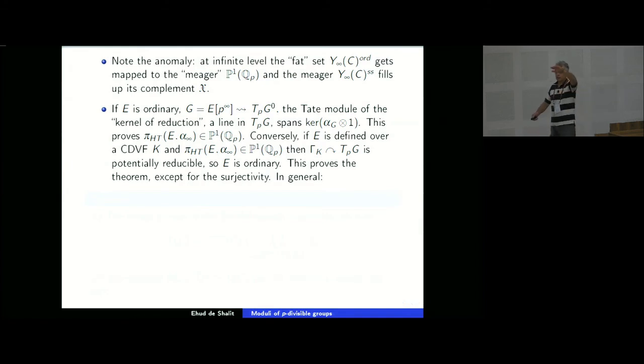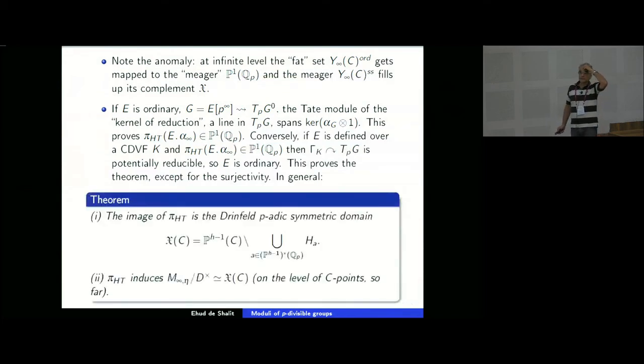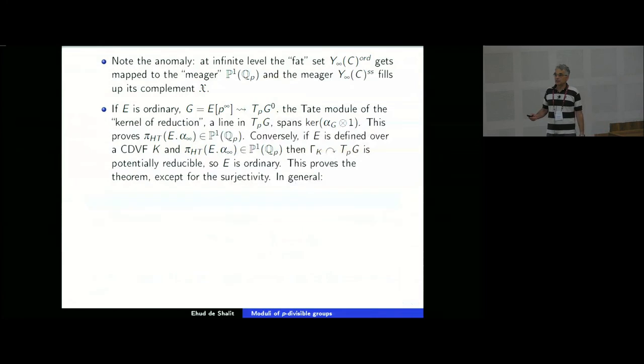Okay, so it has the familiar shape associated with ordinary representations of the local Galois group, and you conclude that E is ordinary.